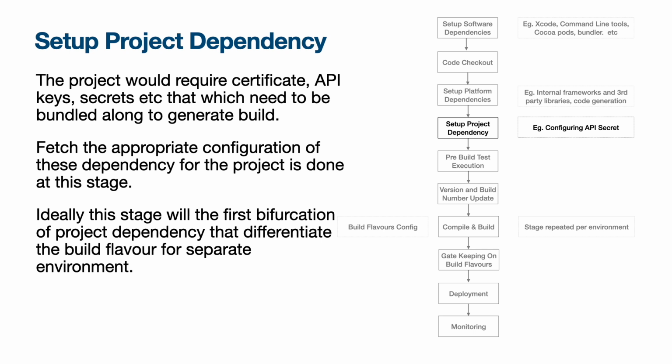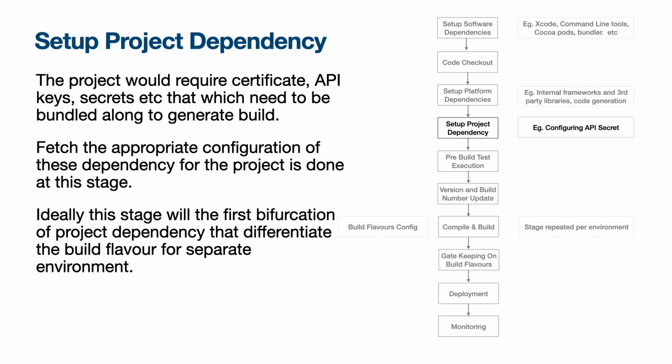Now, we said there are different environments, and for each environment, there are different artifacts. So potentially, there is a chance that the bundle identifier and the certificates could be different.